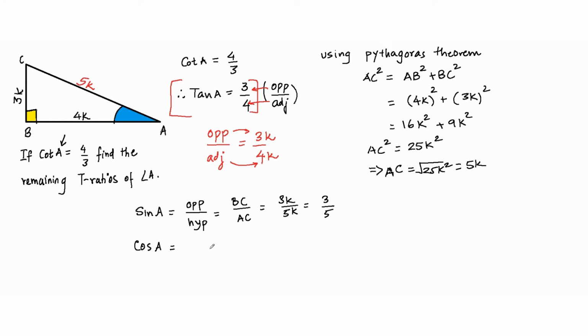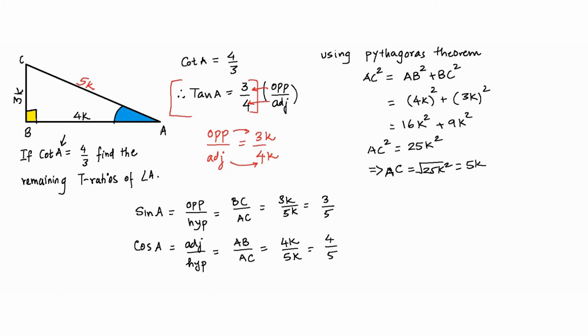Similarly, cos A can be found out as cos is adjacent upon the hypotenuse. The adjacent side is AB and the hypotenuse is AC. So AB by AC is going to be 4K upon 5K. Again K cancels and you get 4 by 5.